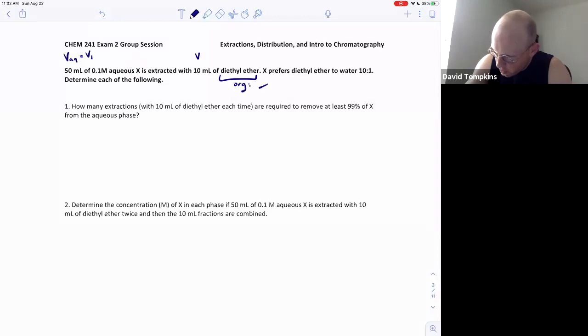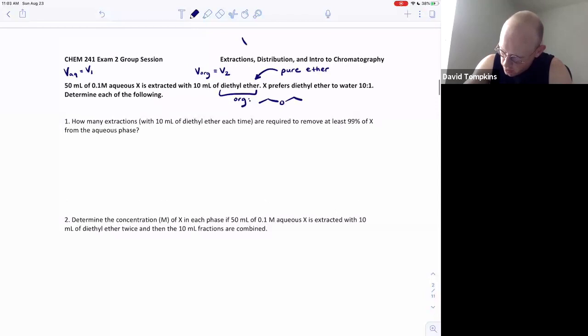Recall this is a predominantly nonpolar organic compound. So volume organic, or phase 2, is 10 mils. Originally this ether is pure. It's not containing any X. And X is going to reach some equilibrium where it originates in the aqueous layer, some of that exits and enters the organic layer, and we get some K part, or equilibrium constant.